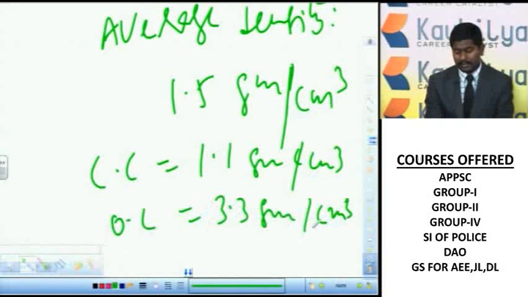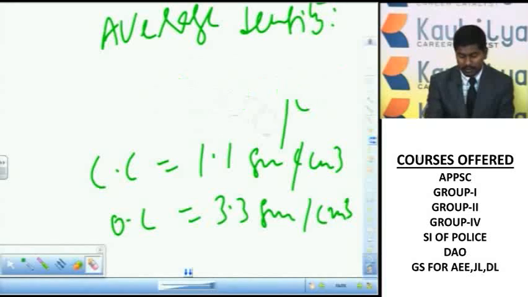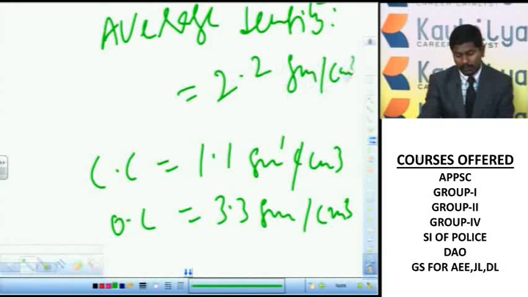That makes the difference. So overall, the average density of this crust is around 2.2 gram per centimeter cube, right.